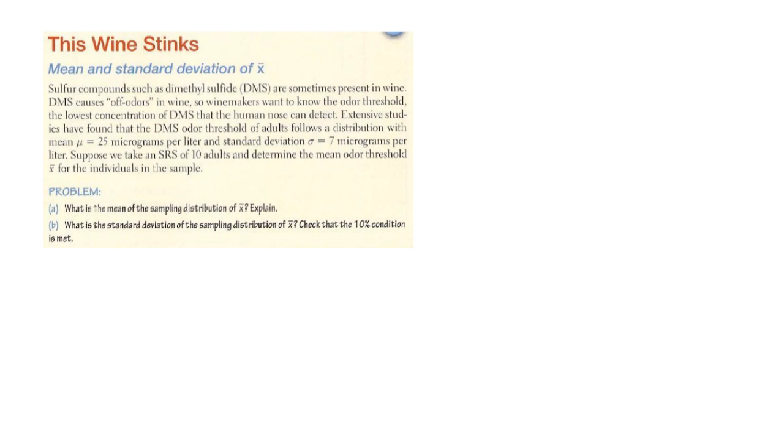Okay, so hopefully you paused it and tried it, and let's see what we've got here. The question is asking for the mean of the sampling distribution of X bar. The mean of my sampling distribution of X bar is going to be equal to my population mean, which is 25 micrograms per liter.